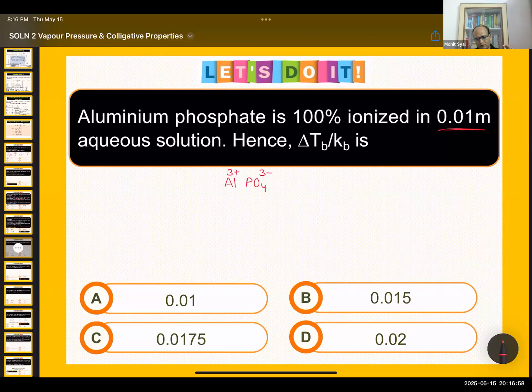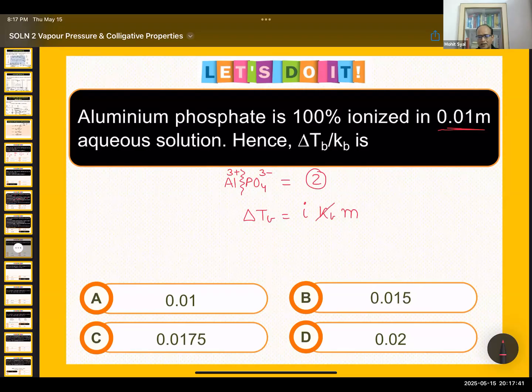And what is going to be the value of delta Tb by Kb? Yes, Ibrahim, correct. Good. What about others? We will write the formula that the boiling point elevation will be equal to Kb into molality. And if the solute is electrolytic, I should write it as i. i is 2 because it is going to get dissociated into 2.